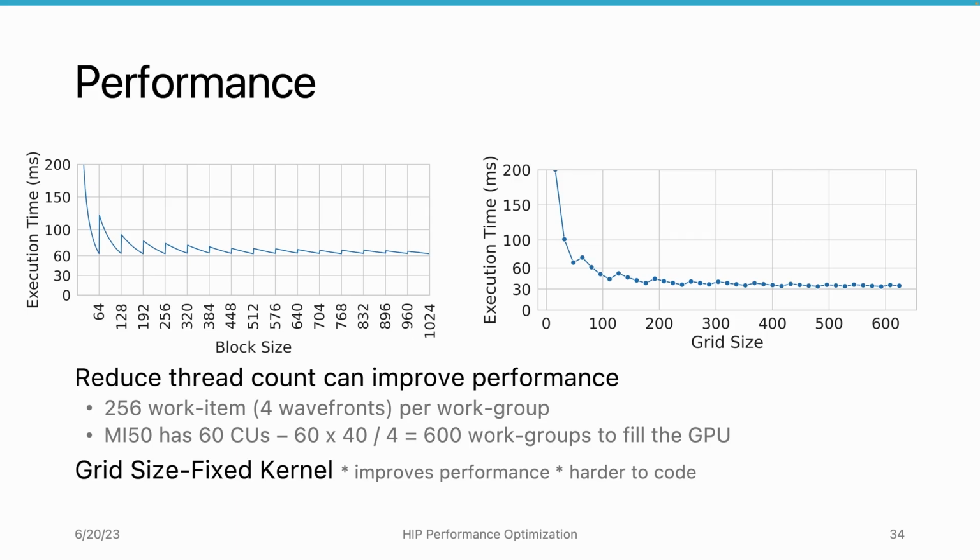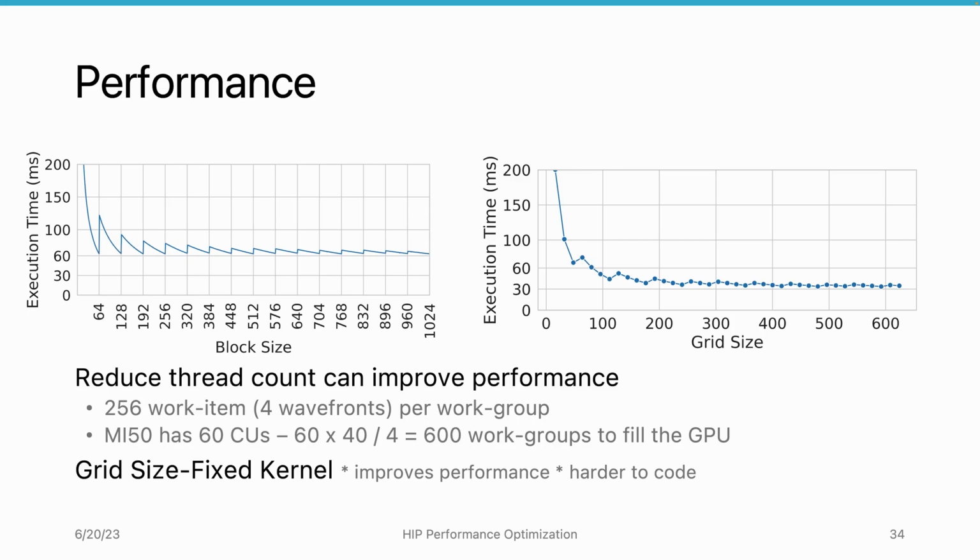And then you can see there is still some sort of jigsaw pattern. The first low point happens around 60, because the MI50 has 60 CUs. As we increase the number of blocks to a higher value, we have another round of blocks being scheduled on these 60 CUs. And as we keep increasing the number of blocks, our performance keeps decreasing.